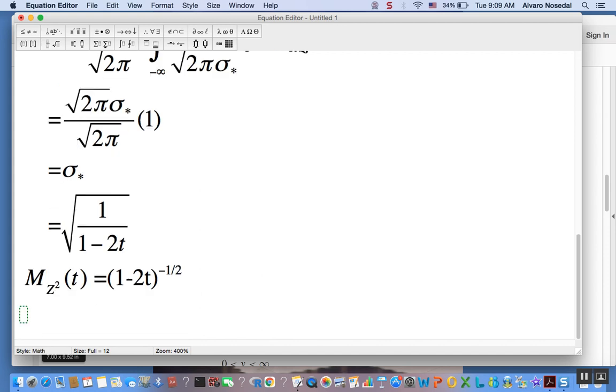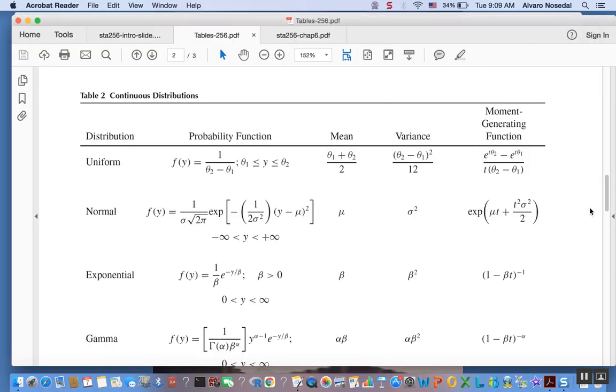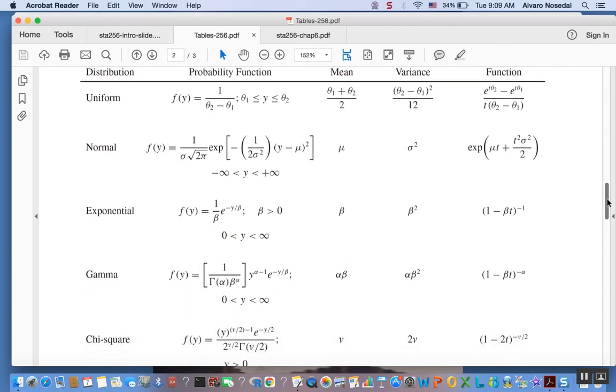The next part is this. We have to be able to identify this as the MGF of something we have seen before. So what we could do in our case is refer to our table and see if we can find something that looks like that.